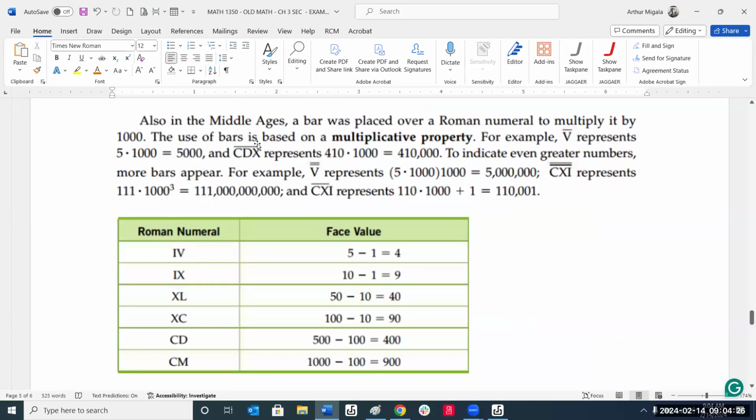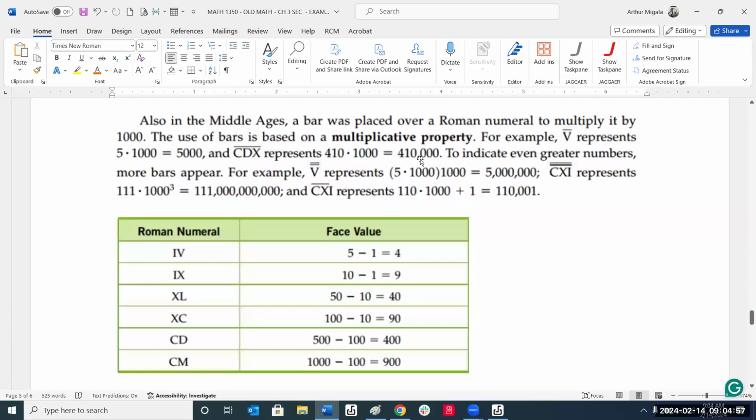If they use the bar over the number, that means it's multiplied by that value, whatever the thousands value is. So for example, 5 times 1,000 is 5,000, which is the 5 with a bar over it. So it's whatever number you have, and you multiply that by 1,000. If you have two bars, so the bar on top means what?